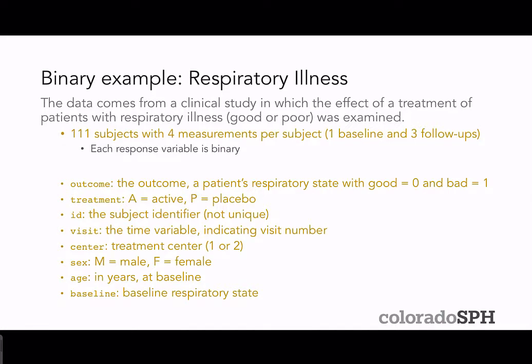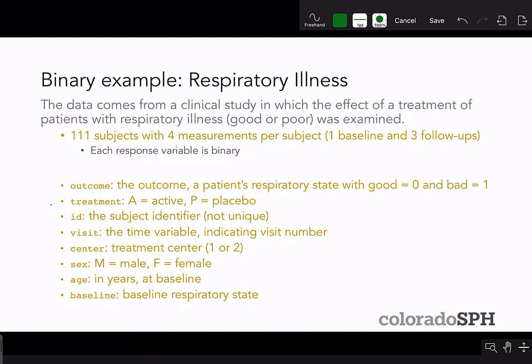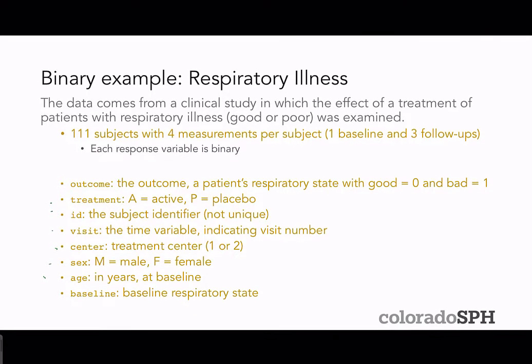There's also a variable for treatment, where A indicates active treatment and P is placebo, a subject identifier, ID, visit, which is the time variable indicating the visit number, center, which is 1 or 2 for treatment center, sex, M or F for male or female, age in years at baseline, and the respiratory status at baseline, which can also be good or poor.